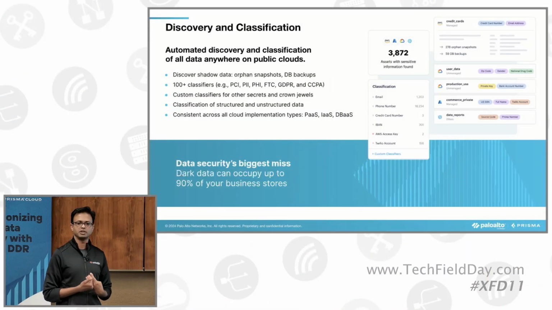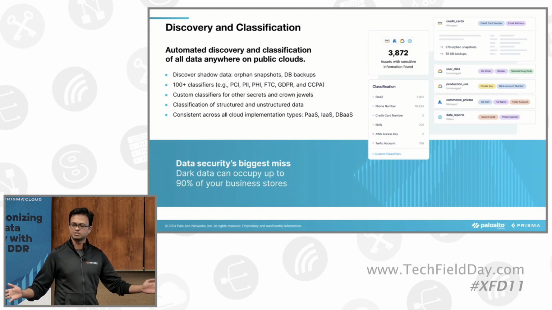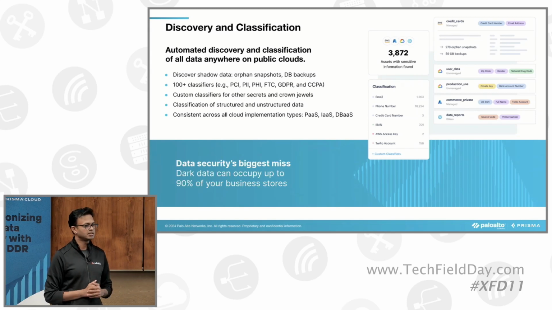Should I terminate it because it has some sensitive data? Right? So data freshness and the ability to surface all of those snapshots is very important because, for us and our customers, it's a way to save costs. Look at all the snapshots that you currently have. If they're orphan snapshots, delete them completely.